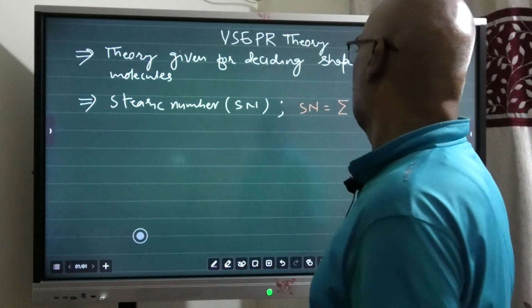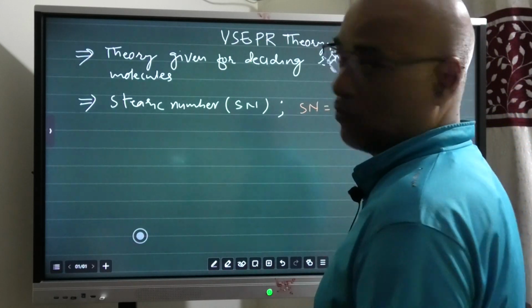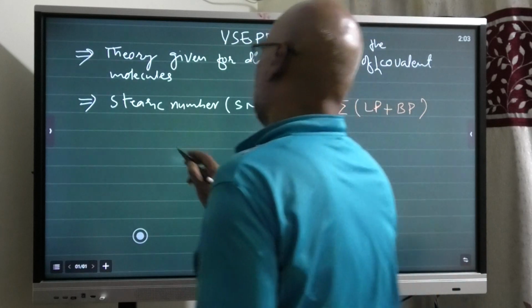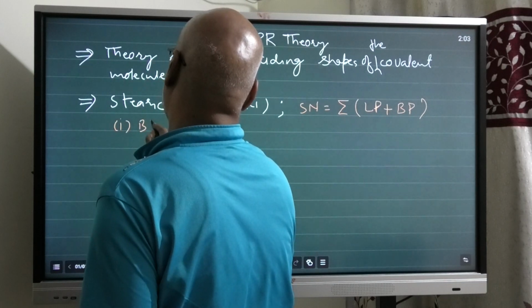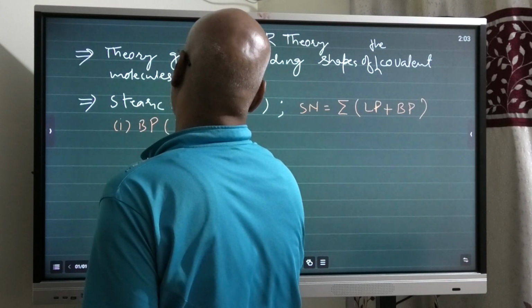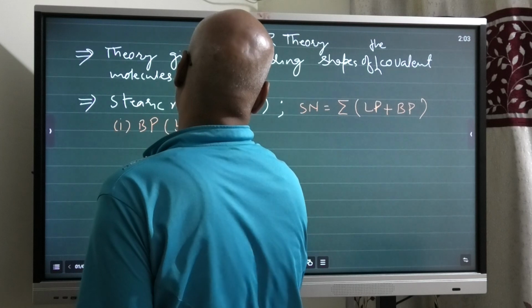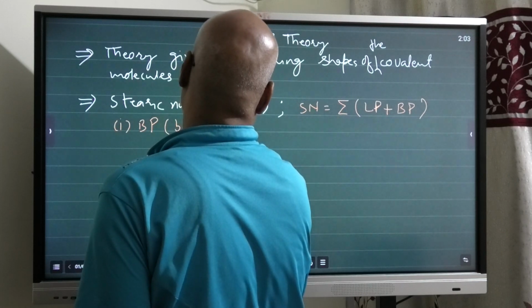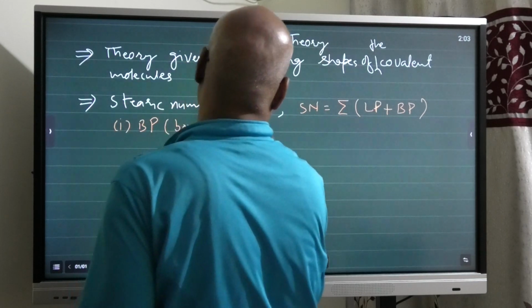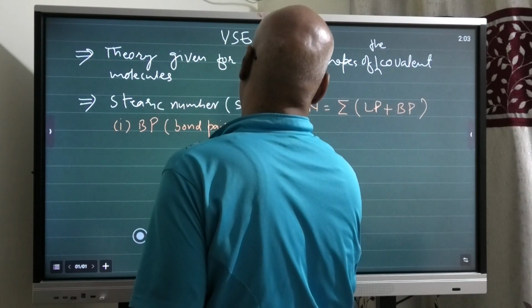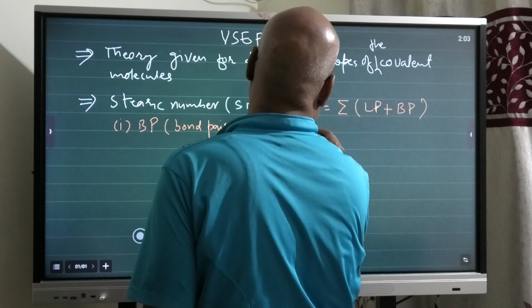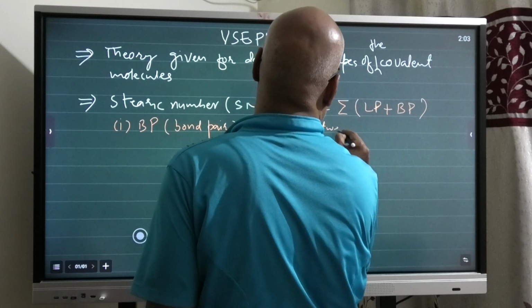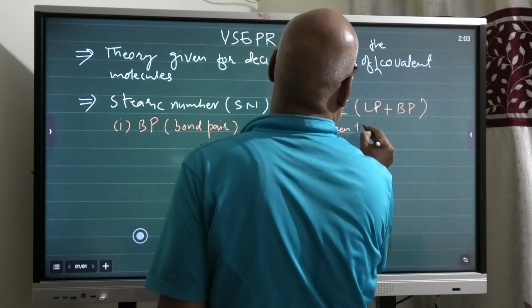Now, how to understand what is lone pair and what is bond pair? So bond pair is shared between two atoms.